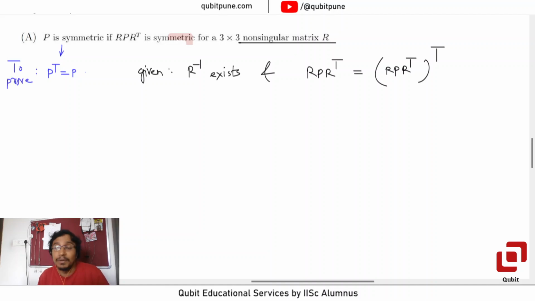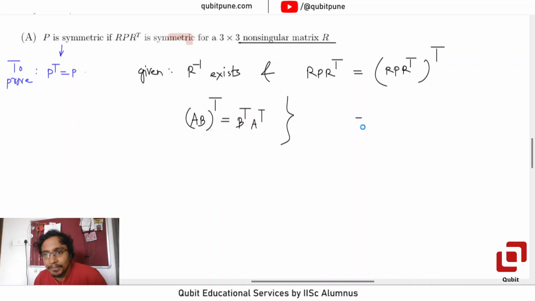So how to prove it? First of all, recall this property: (AB) transposed is B transposed A transposed. Use it here. I will treat A as RP, and I will treat B as R transposed. So what would it be now?